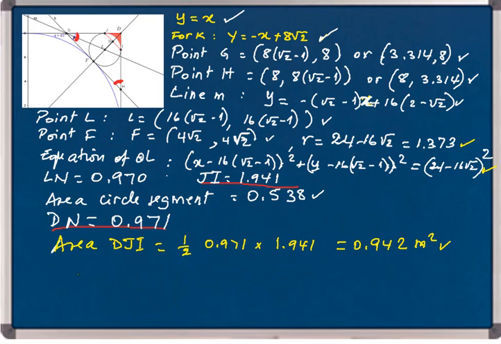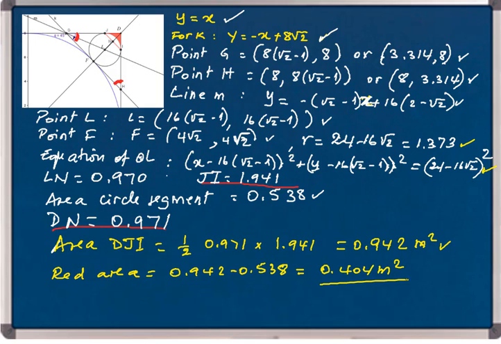Now the shaded red area is equal to 0.942 minus 0.538, which is equal to 0.404 square meters. That is what we are looking for.